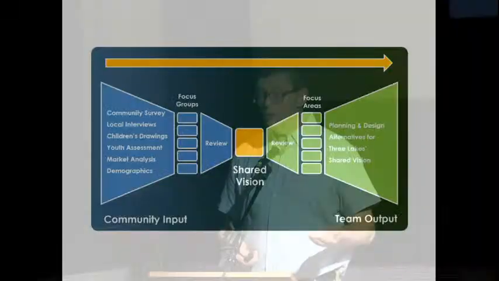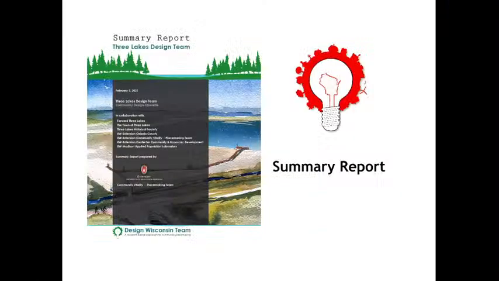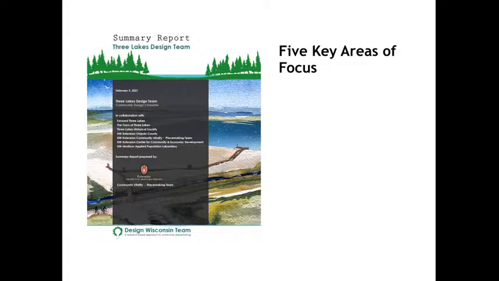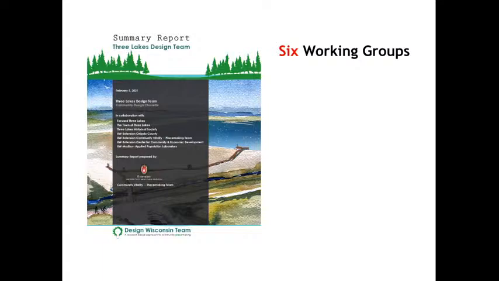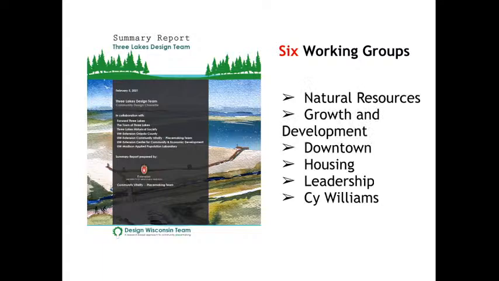The design team took us through this process. They identified the 5 key features, and as we discussed earlier, they are natural resources, growth and development, the downtown, and leadership. For the implementation phase, we have taken these 5 focus groups and made them into working groups.